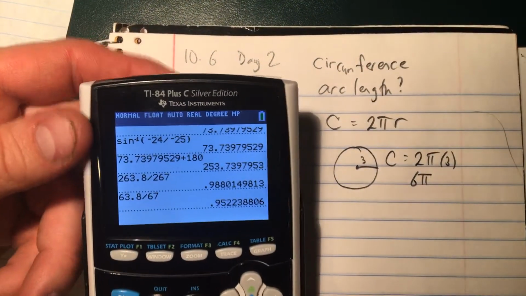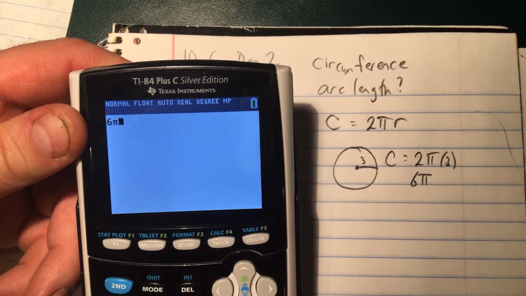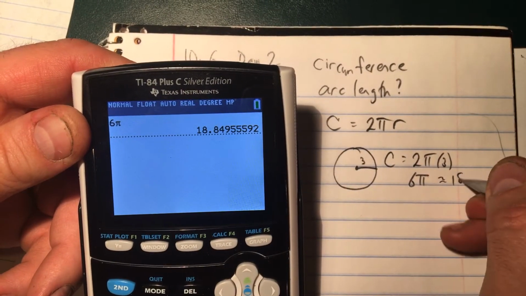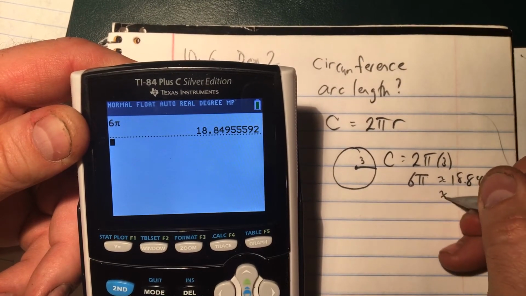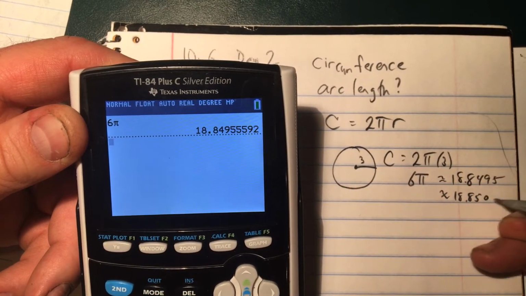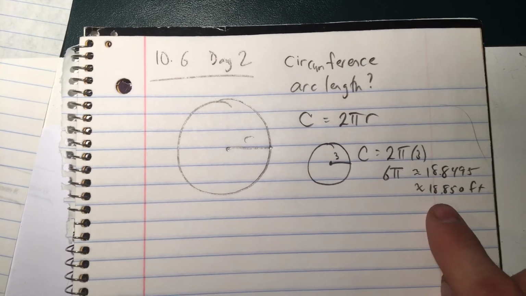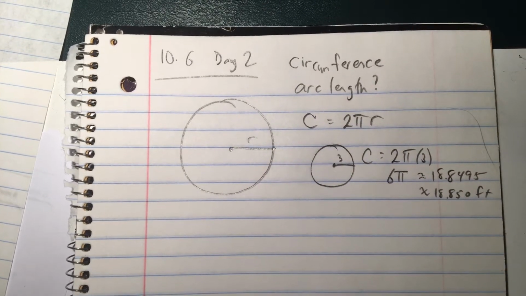So 6 pi is a little more than 18, approximately 18.8495, and that rounds to about 18.85 feet. You go down to Home Depot and say, I want about 19 feet of rubber material to go around my garden bed. They'll say, sure, which is kind of cool.